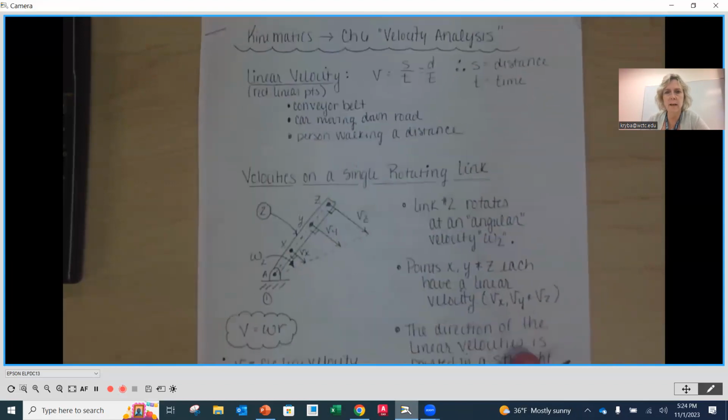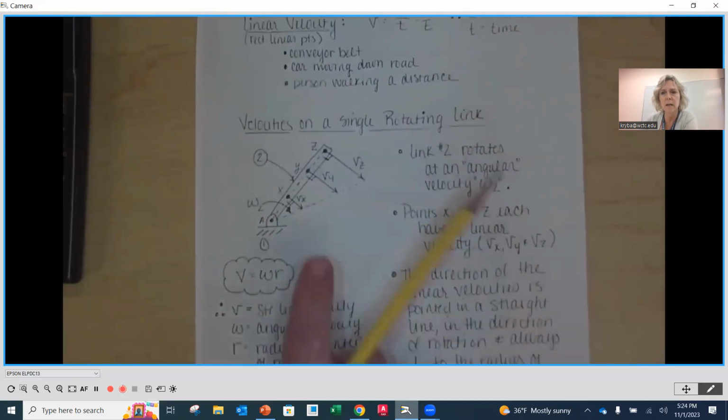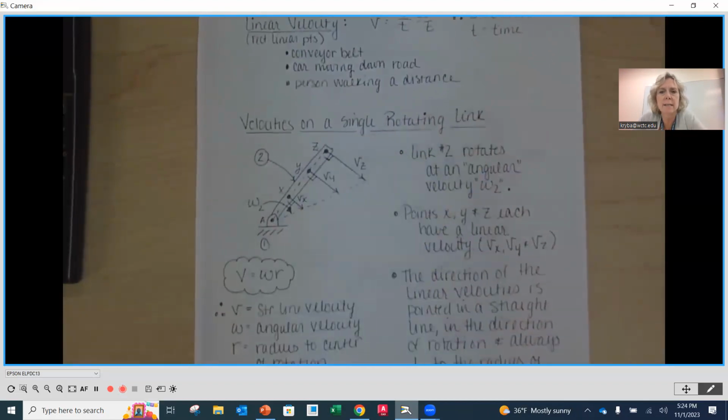I created this handout so that we can work through it and make sure that we've got a good understanding. After the first page, there are some places where we can fill some work in, but I wanted to go over the first page first to get down the basics. We already talked about linear velocity, but down here it starts looking at velocities on a single rotating link.